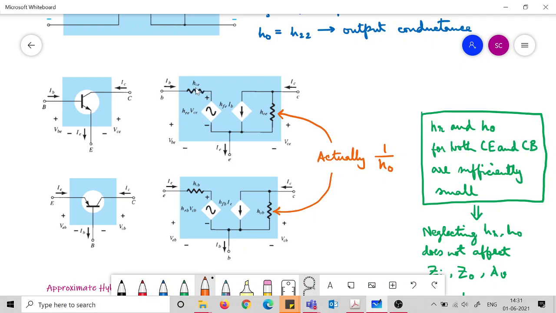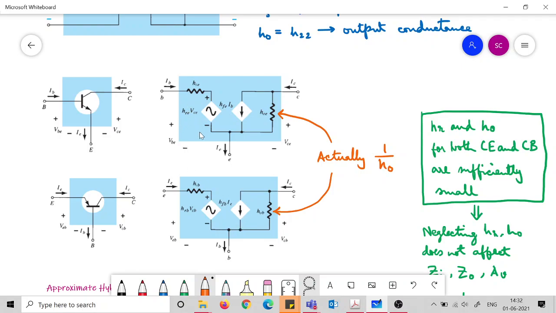So to distinguish between the HI of common emitter and common base, we just add a new suffix E or B with the hybrid parameters. This identifies that the entire system is common emitter. Here it is common emitter. Here it is common base, because another suffix B has come into the picture.